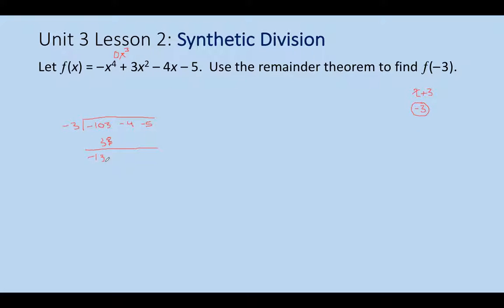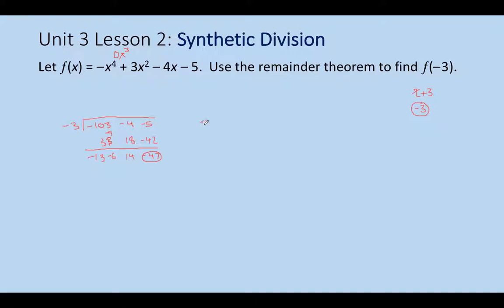So negative 3 times positive 3 would be negative 9. 3 minus 9 is negative 6. Negative 3 times negative 6, positive 18. Then negative 4 plus 18 is 14. Then negative 3 times 14 would be negative 42, plus negative 5, which makes my final remainder negative 47.